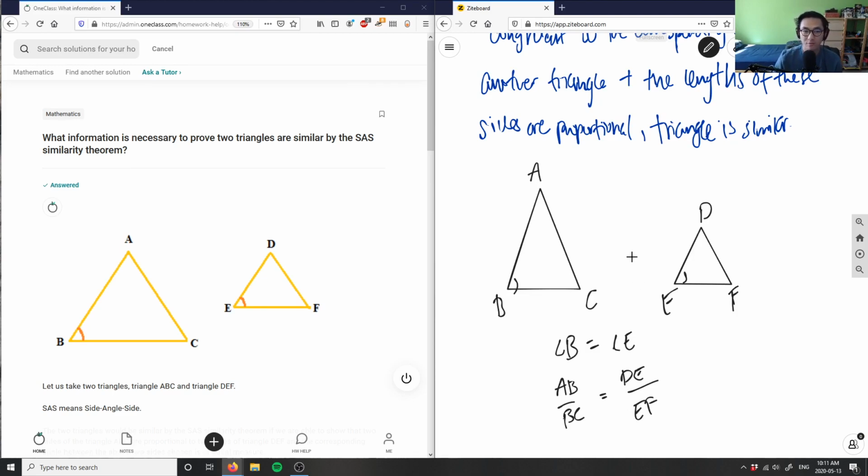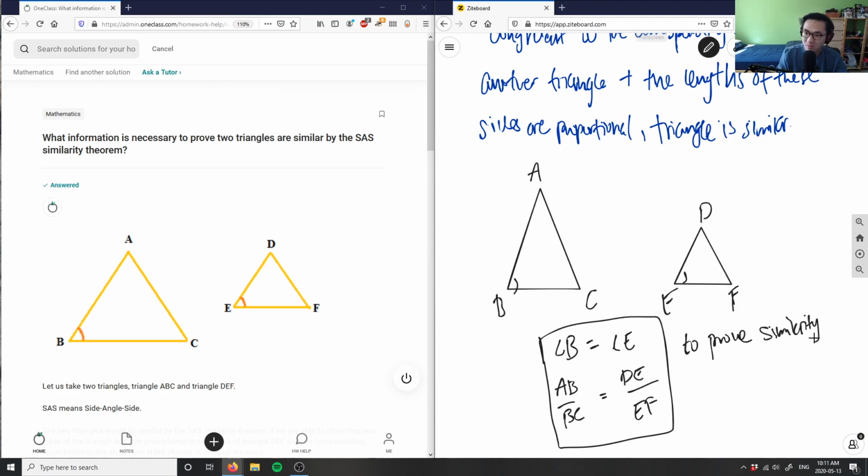So I need these two pieces of information to be true to prove similarity.